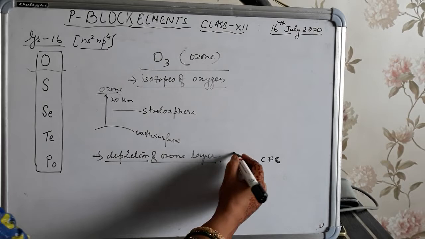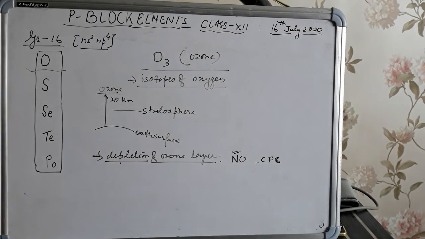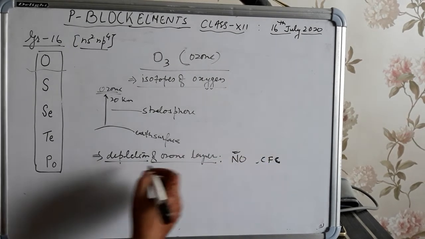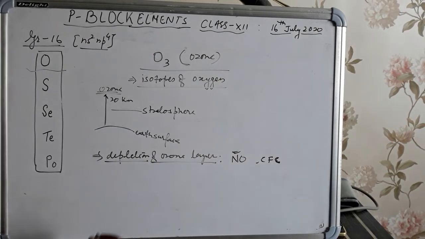Lightning mainly releases nitric oxide into the atmosphere. These are the harmful chemicals, harmful species which damage the ozone layer in the stratosphere region. So these agents are the causes for the depletion of the ozone layer.